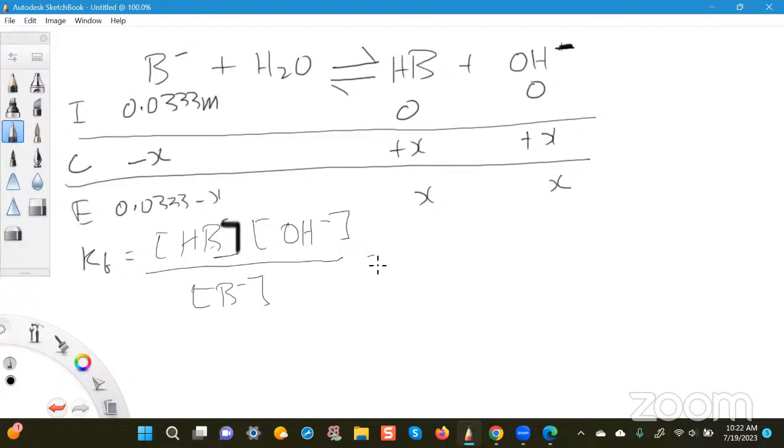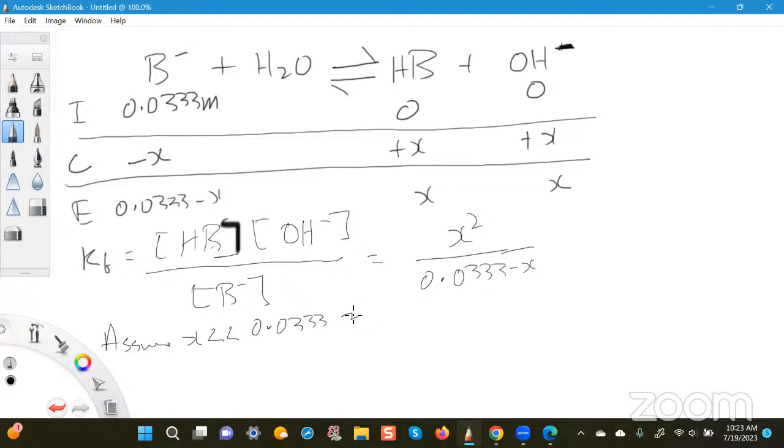And then I put in the terms, you're going to end up with x squared over 0.0333 minus x. Again, we assume that x is much smaller than 0.0333.